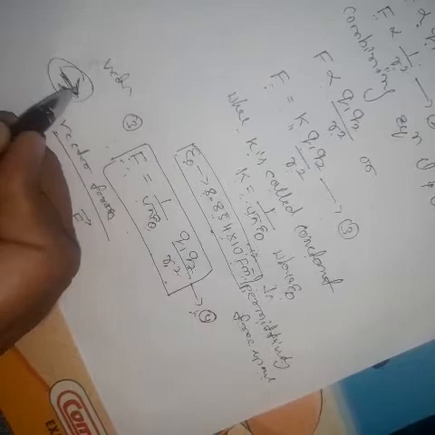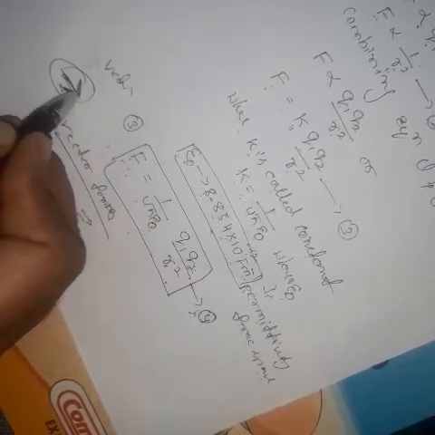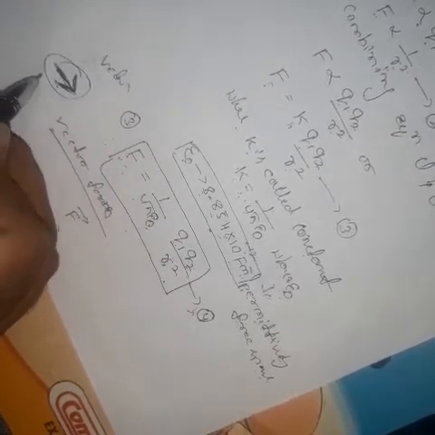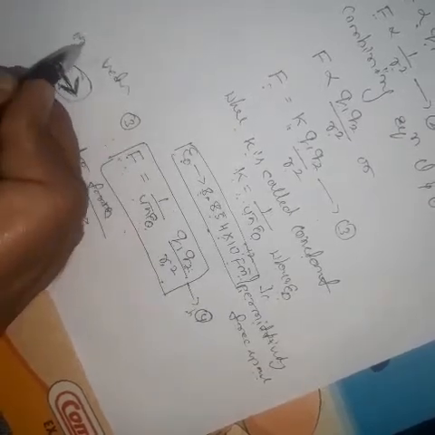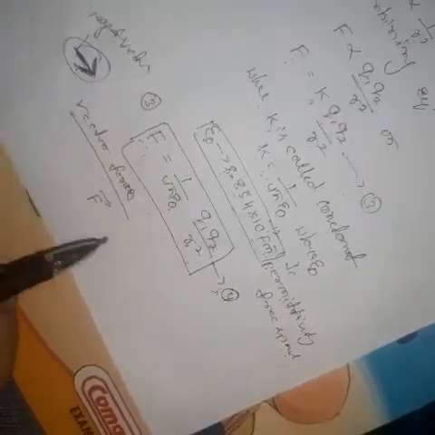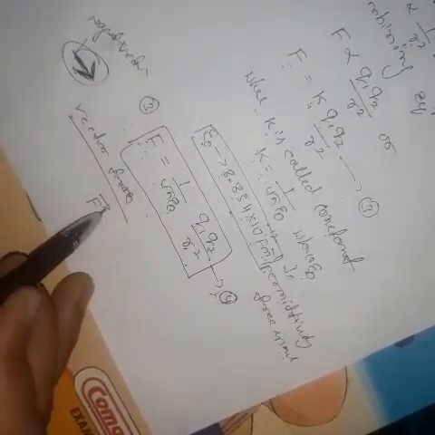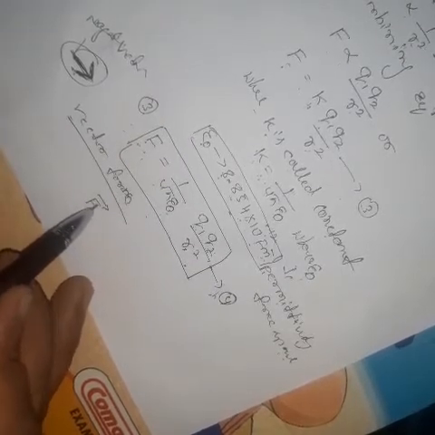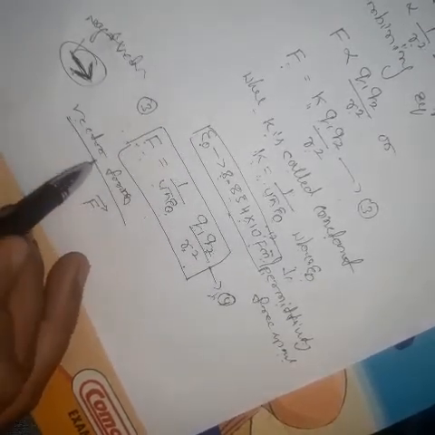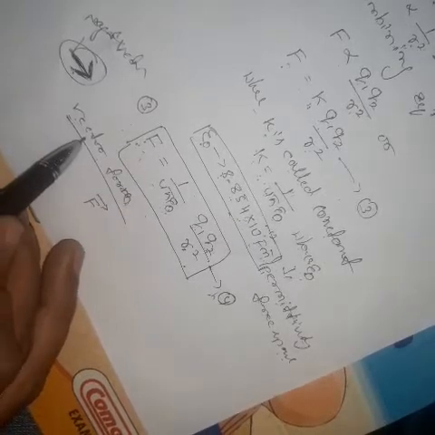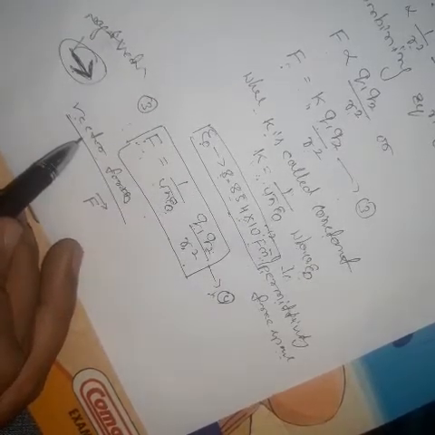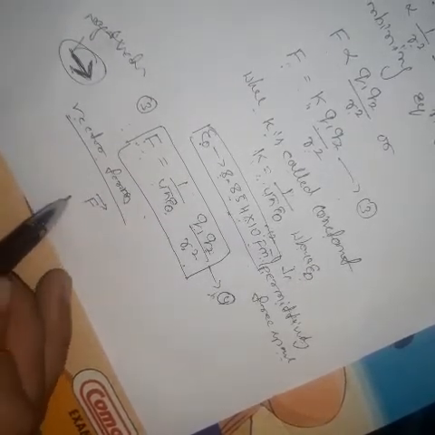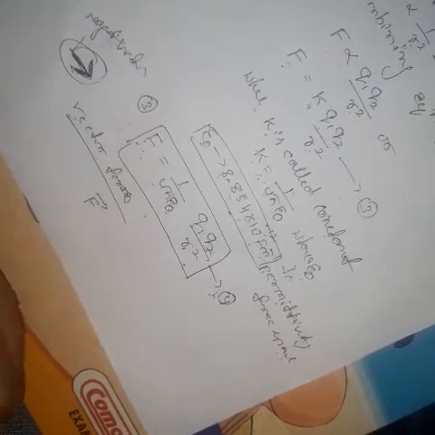The arrow mark represents the direction, and the length of the line represents the magnitude. A physical quantity in which both magnitude and direction are present is called a vector. That is the meaning of vector.